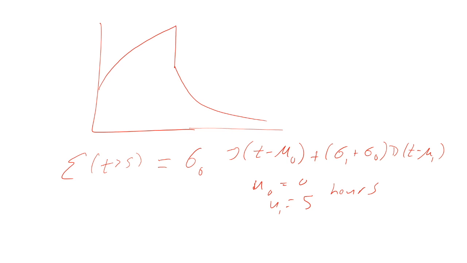We just add our terms together. So we know what our elongation is for time 0 to 5, so 0 less than t less than 5.